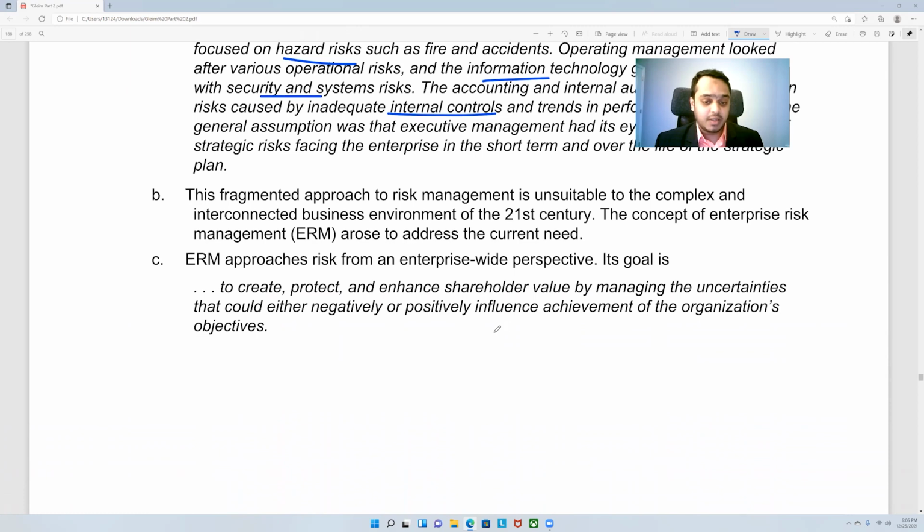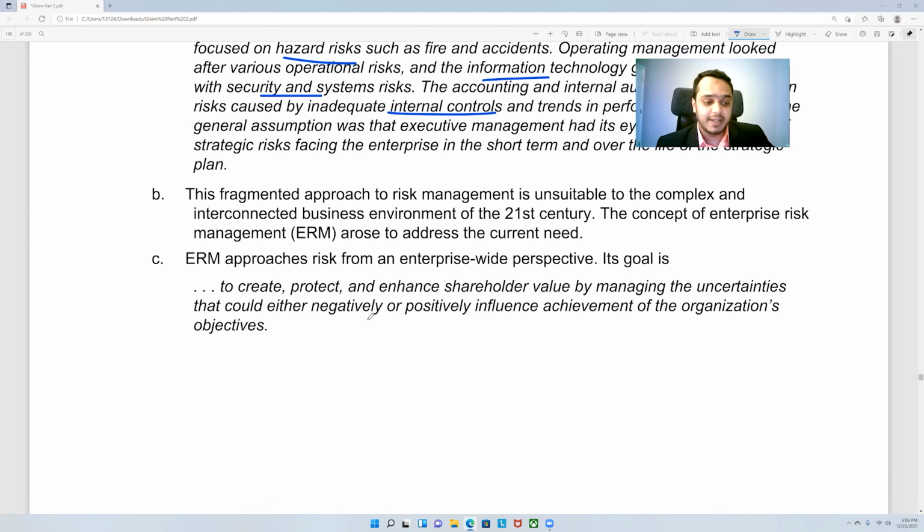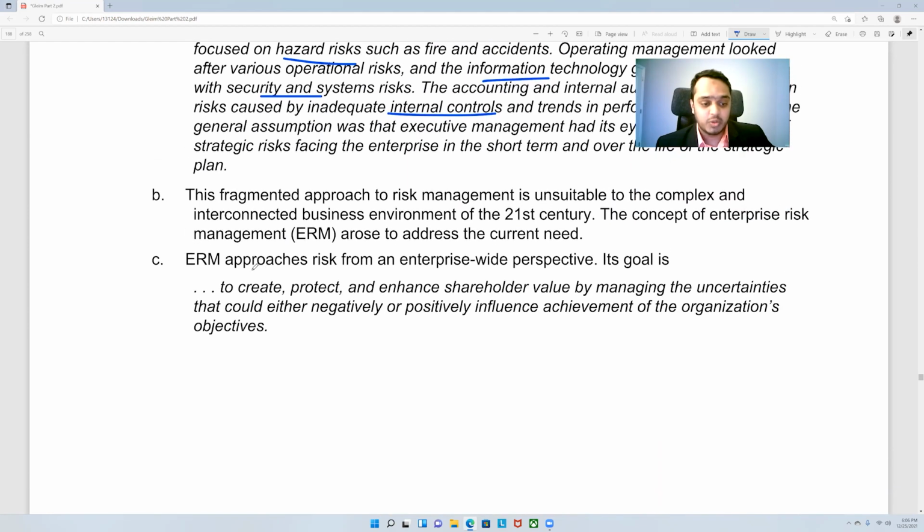But as time progressed, the fragmented approach to risk management became unsuitable to the complex, interconnected business environment. It's not easy to understand how and where the risk is going to affect, whether it is quantitative or qualitative. A lot of factors come into the picture. So the concept of ERM arose to address this current need. ERM approaches risk from an enterprise-wide perspective.